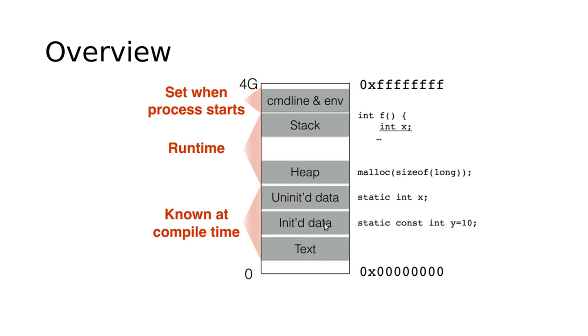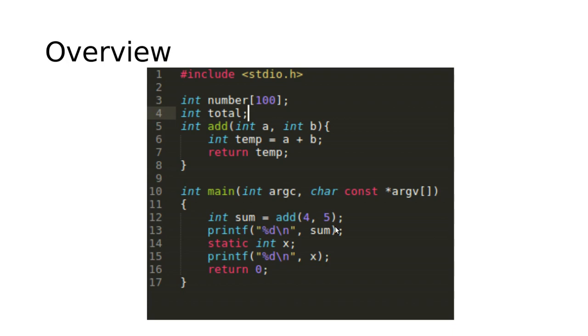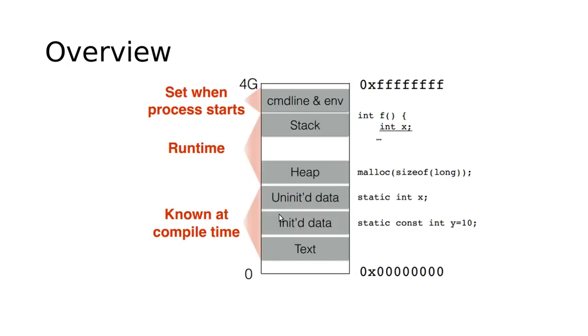If you initialize data, for example sum equal to 0 in a function, then the initialized data will be allocated in this memory segment, like static integer x. A static variable or globally declared variable, if we declare some global variable, will be initialized with 0.